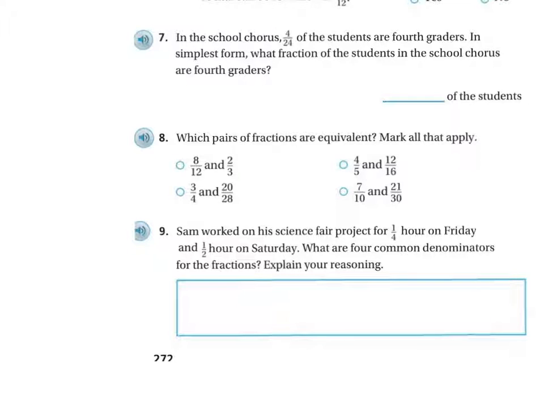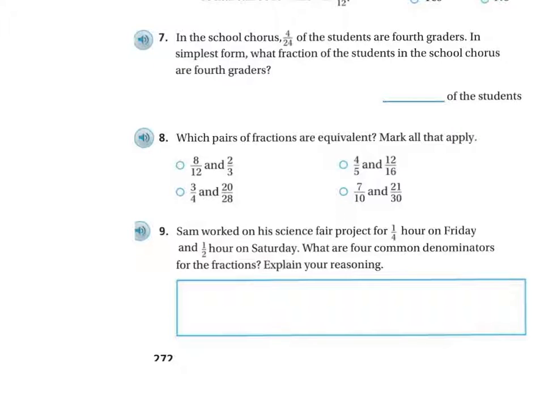Okay, on number 7, in the school, 4 out of 24 of the students are 4th graders. You're asked what fraction in simplest form of the students are 4th graders. So simplest form means that we are going to see if there are factors of the numerator and denominator that will allow us to write them as smaller numbers.